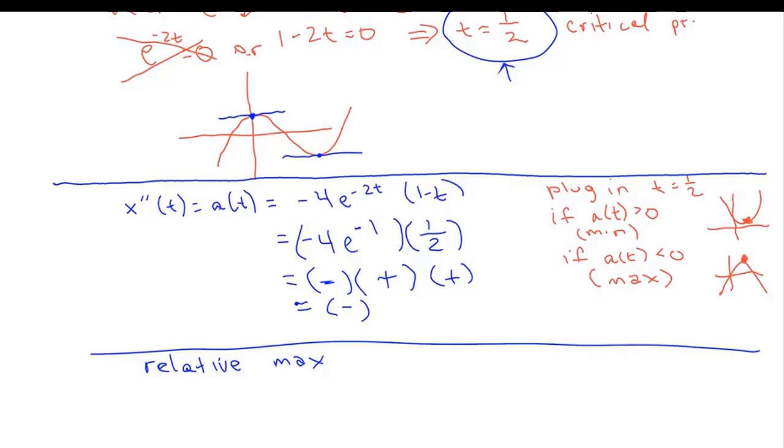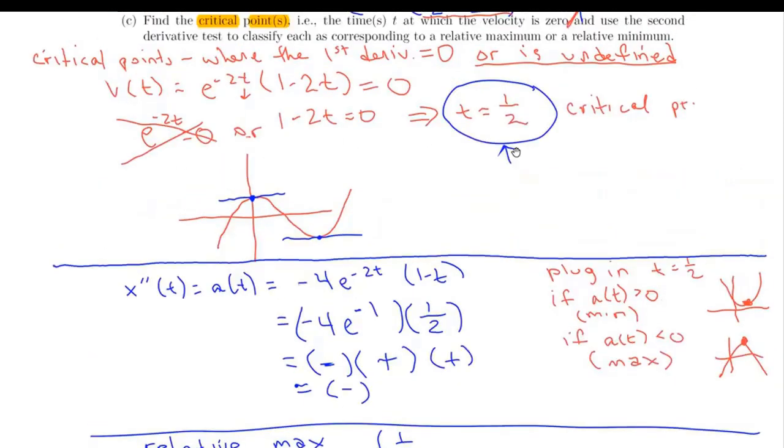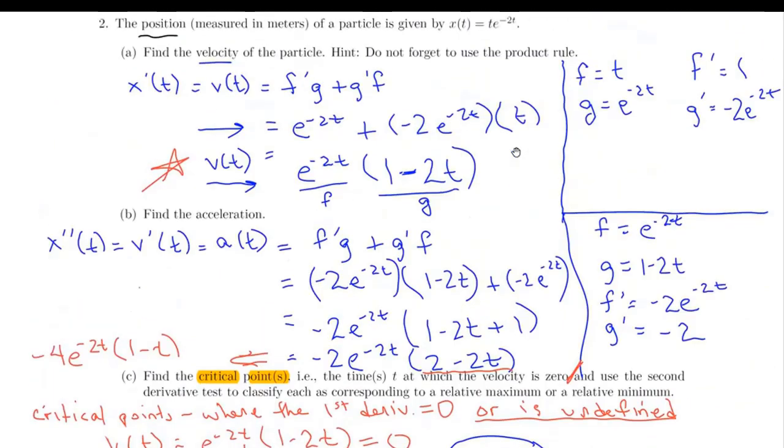So I know it's a maximum. My ordered pair would be 1/2, and then I have to go back to the original and plug 1/2 in here. The second derivative tells us if it's a maximum or minimum, but it's all having to do with the original function.